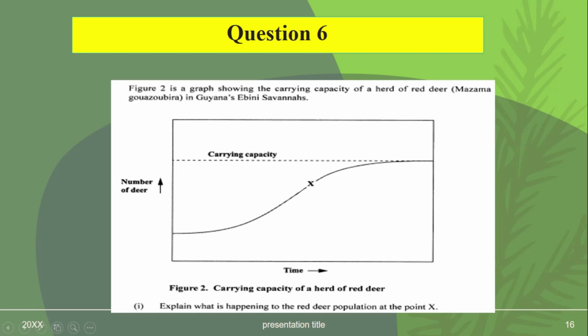Now, if you know the different phases of population growth over a period of time, this line down here shows that the population is very low. The growth is picking up slowly, but it will get very fast.